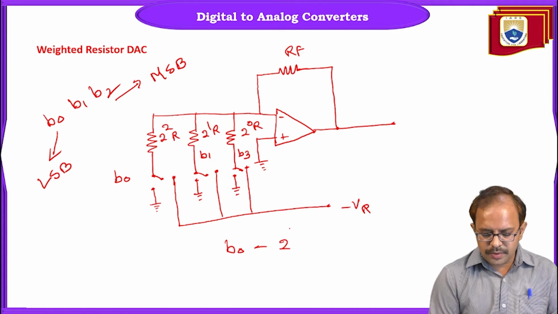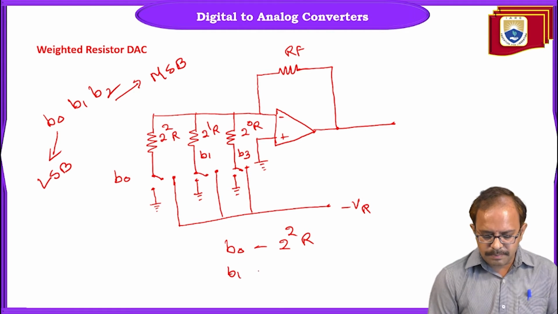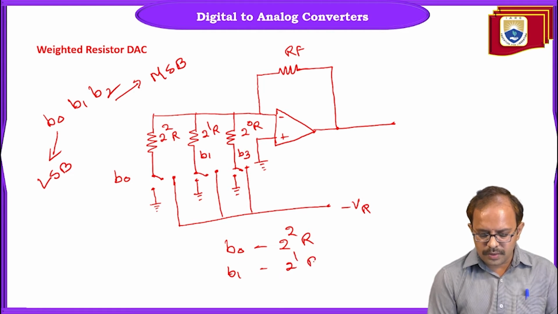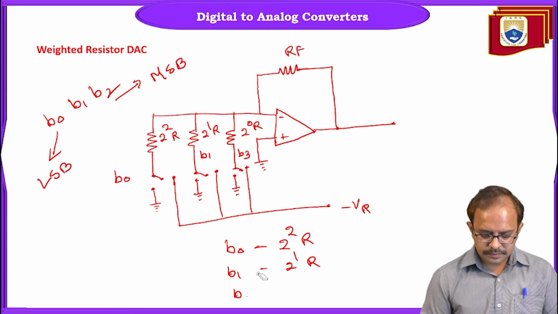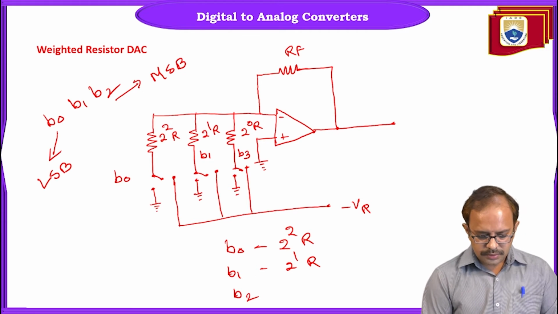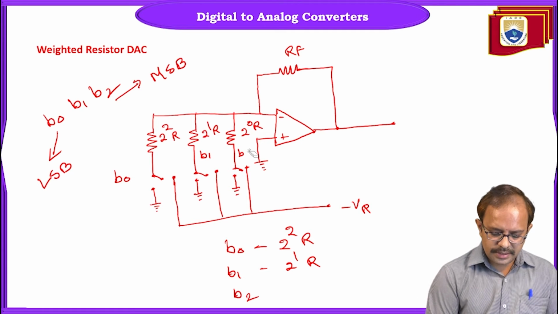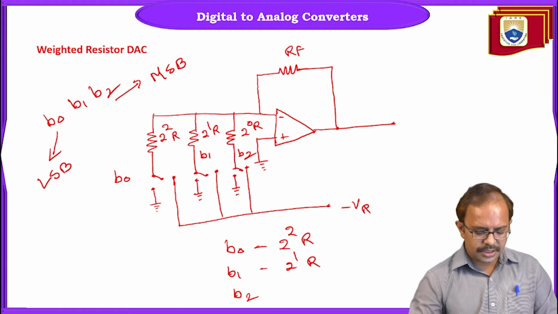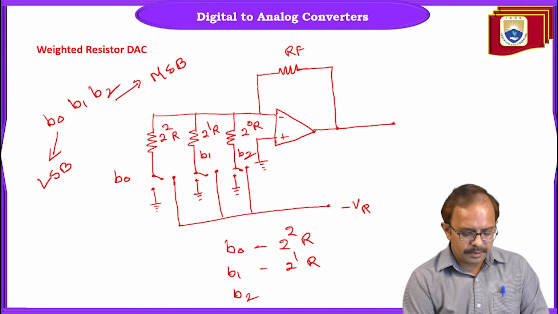B0 is going to have a resistance of 2 power 2R. The resistance for B1 is going to be 2 power 1 into R, and the MSB bit, which is B3, or sorry, B2. It is not B3, it is B2. Since it is a 3-bit operation, the bits are represented as B0, B1 and B2.